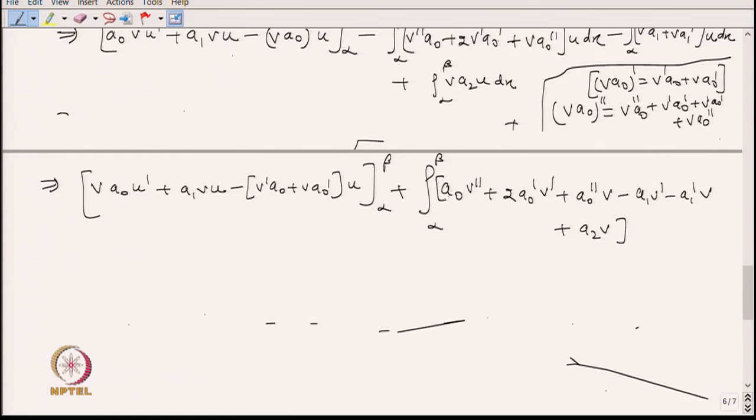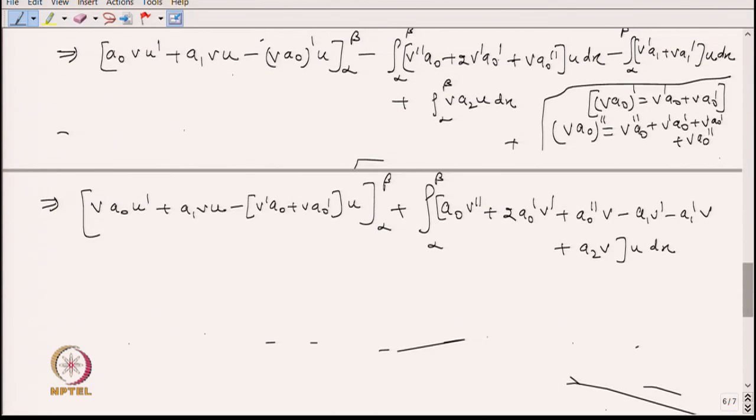So, this quantity can be written like this. I am just taking the terms together: this is 2 times this one, this is this quantity minus, and the last is this one. So, I got this quantity.